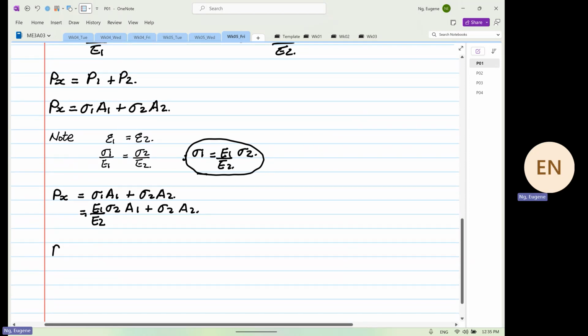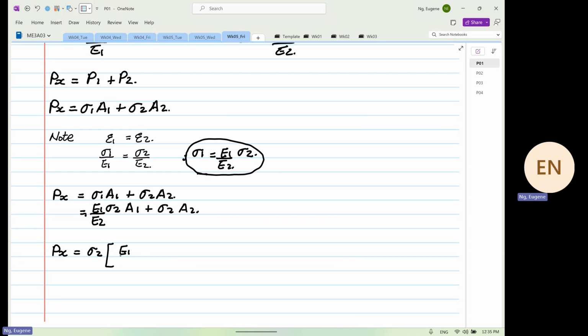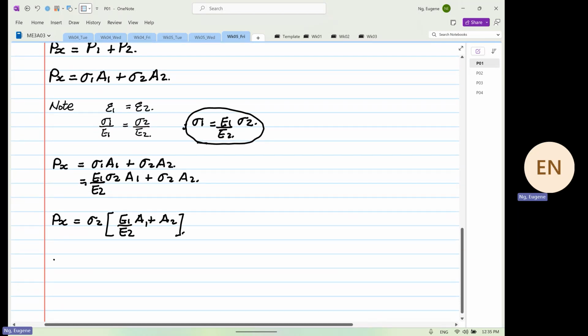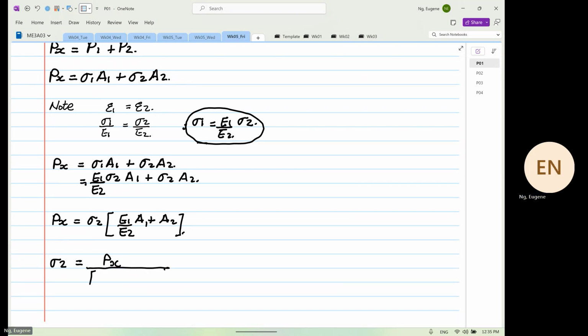So here we only have stress 2, so Px is equal to stress 2 times E1 over E2 A1 plus A2. So from here, we know that stress for material number 2 is equal to Px over E1 over E2 A1 plus A2. Okay.